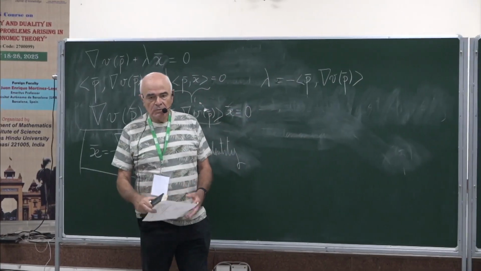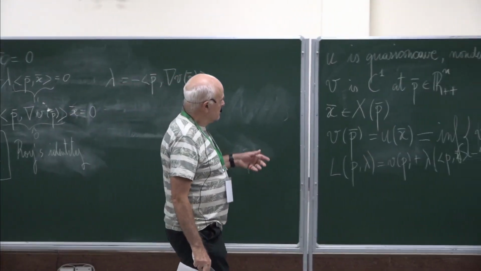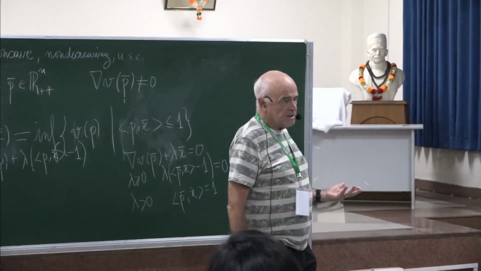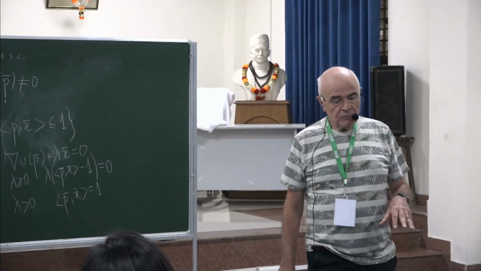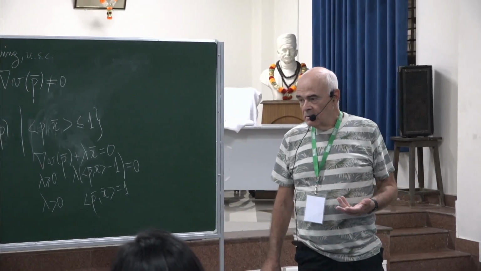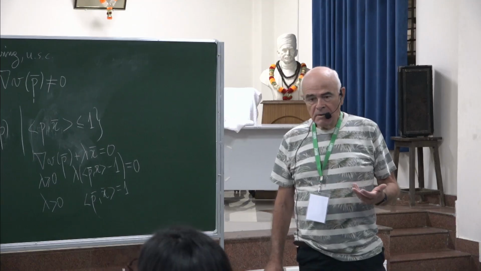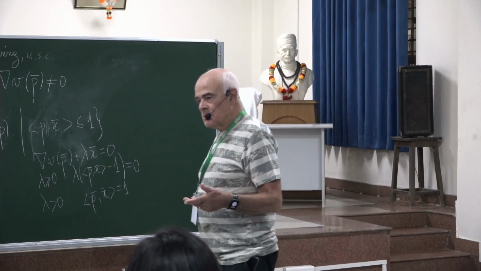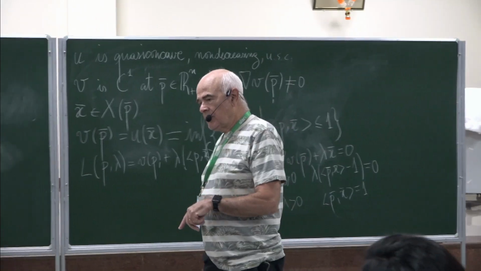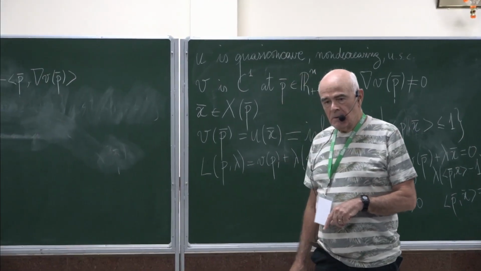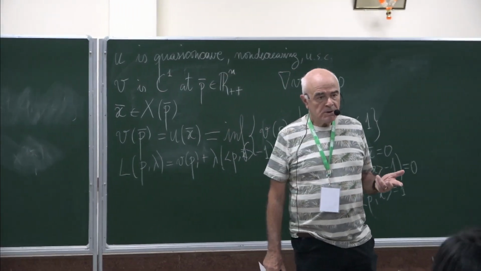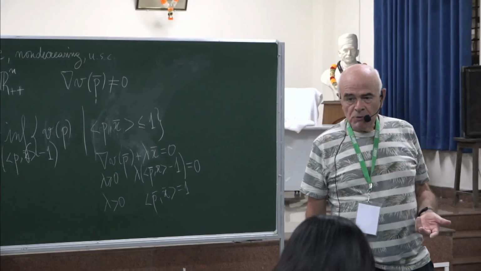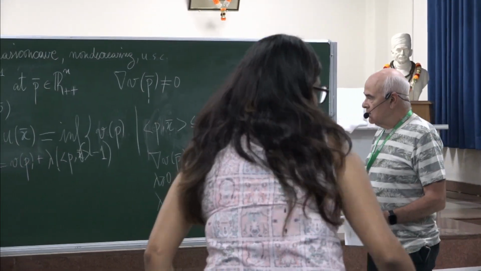It's a single-valued function. If this differentiability holds everywhere on R plus n, on the interior of the domain, then the demand correspondence (economists use correspondence to mean set-valued mapping) is single-valued. So we actually have a demand function rather than a demand correspondence.